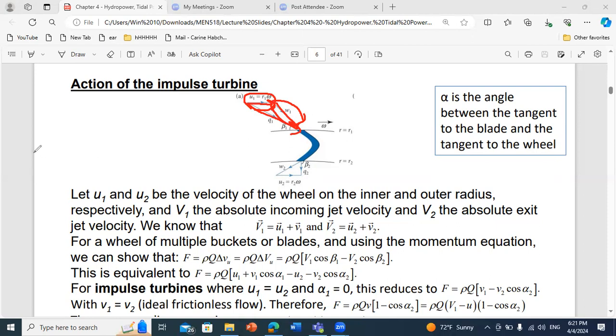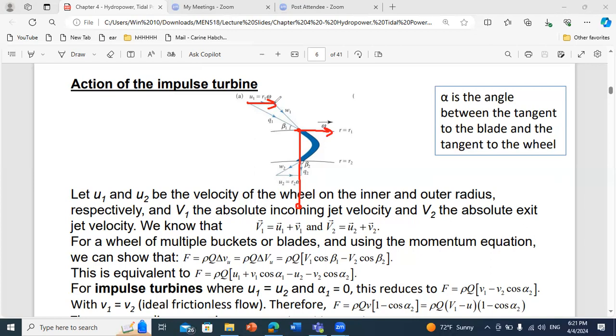As you can see in the figure, U is already tangent to your wheel because of the velocity of rotation. Say you have the center of rotation here. The velocity of rotation is always perpendicular to the radius. So already you have U along the tangent line, and when you project, it's equal to U1.